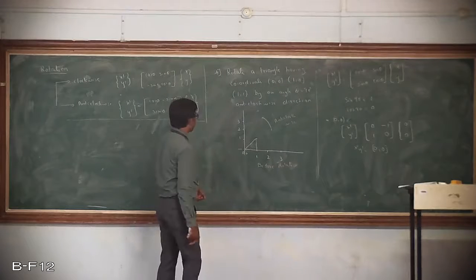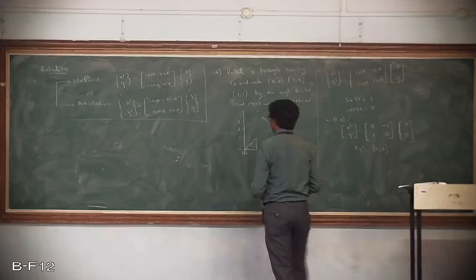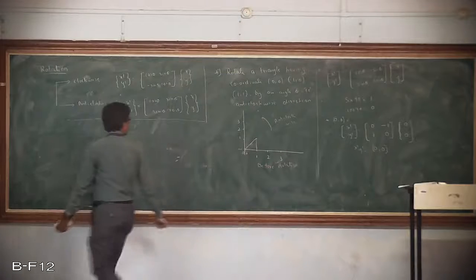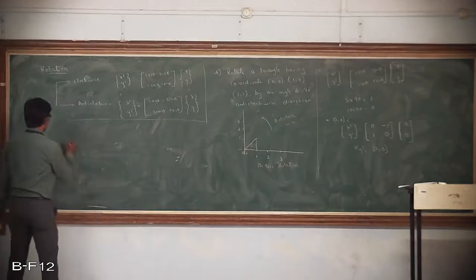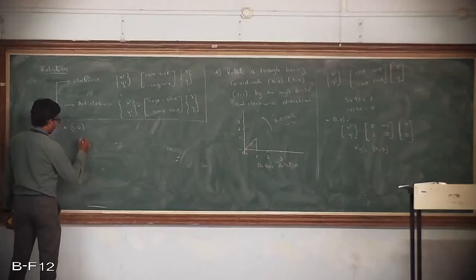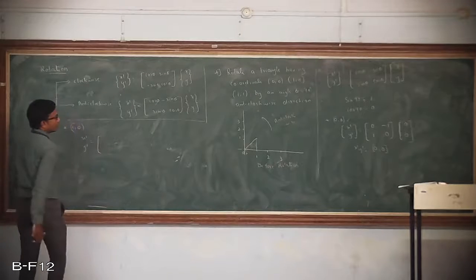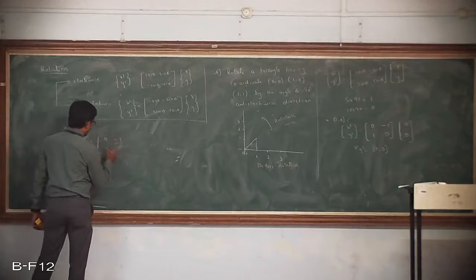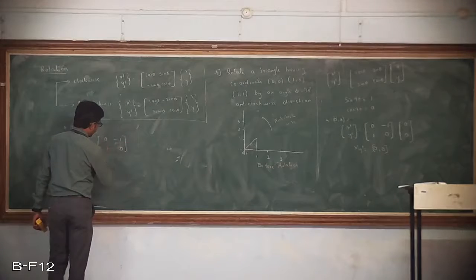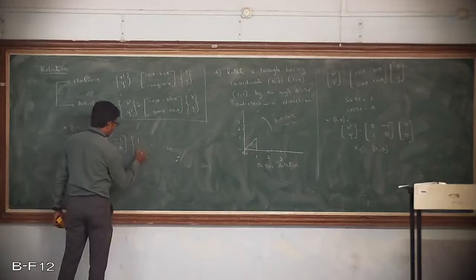So if I go with the second point, that is 1 comma 0, x dash y dash will be 0 minus 1, 1 0, and the coordinates are 1 and 0.